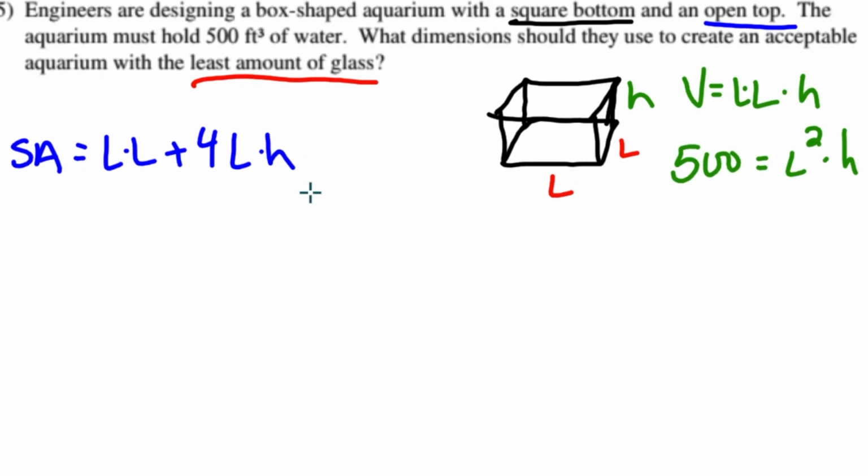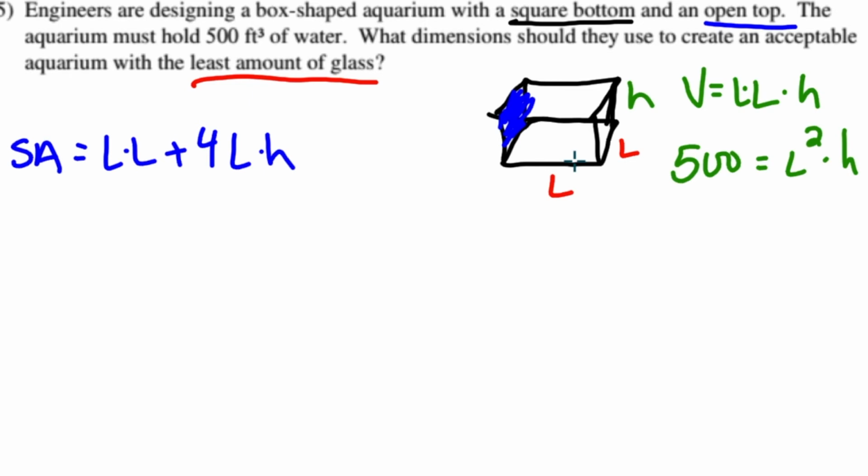If we're looking at this piece over here on the side, that piece would have the same area as the front and back pieces. They're all the same. It doesn't look like it in my picture because I can't draw, but that's what it would be. Very similar to the last one, I'm going to solve this for h and plug it in here.